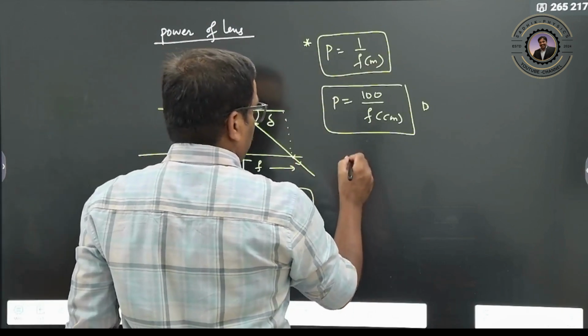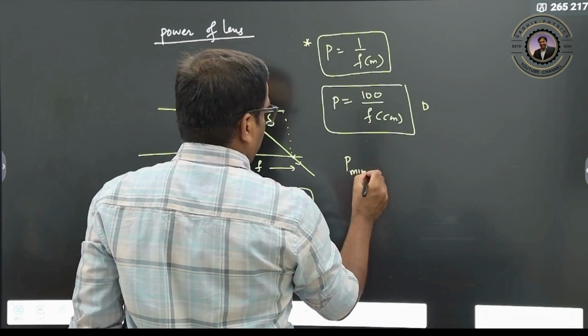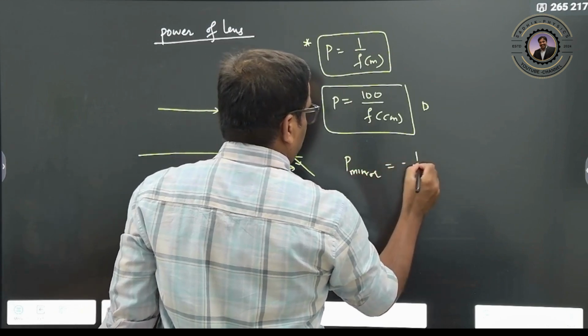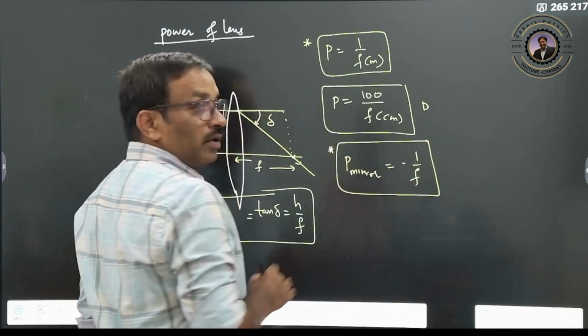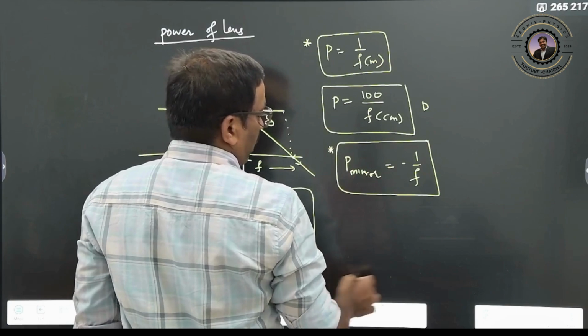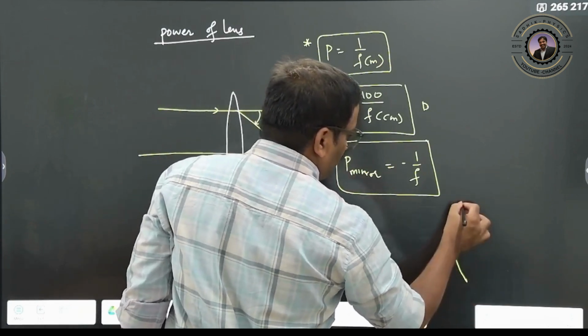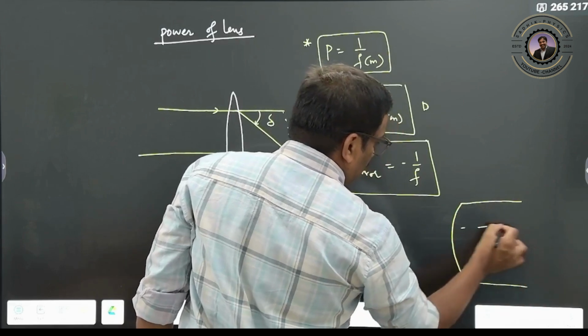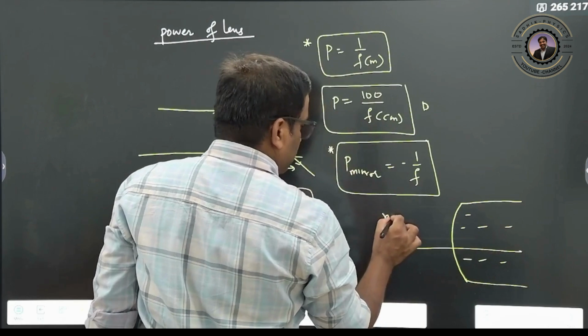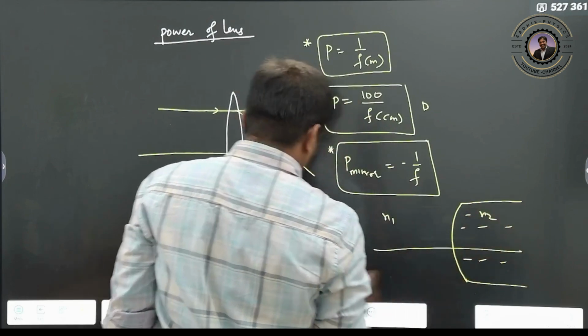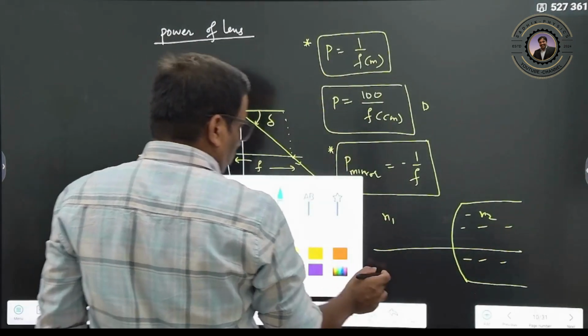For mirror, you can write 1 by f. Now suppose only one curved surface is there, with refractive indices n1 and n2.